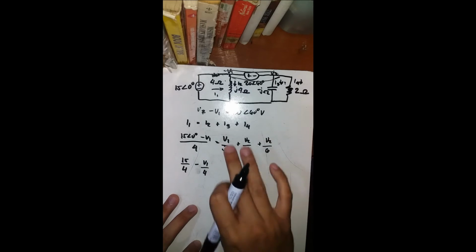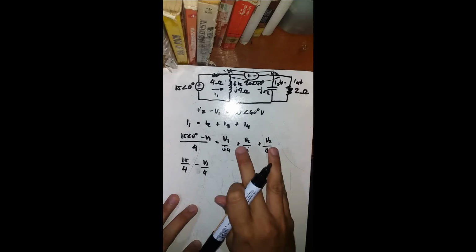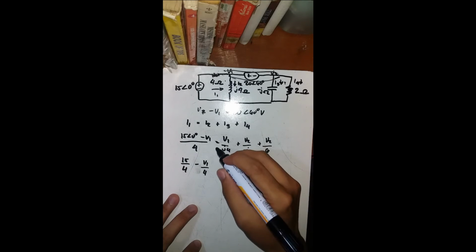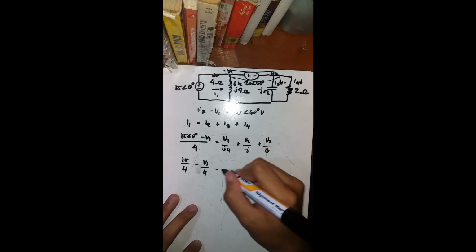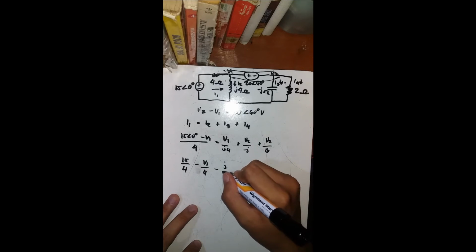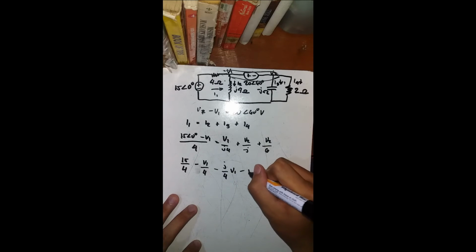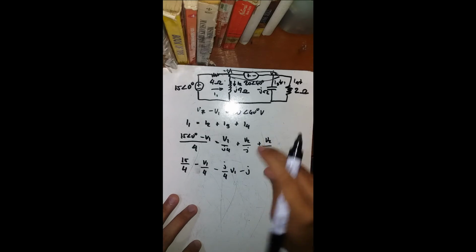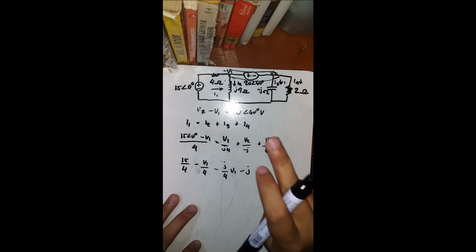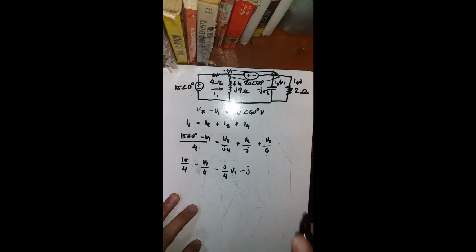We transfer all of this to the other side, and we have here negative j over 4 V1 minus 1 over negative j, which is just j, times V2, and we have negative 1 over 6 V2 equal to 0.